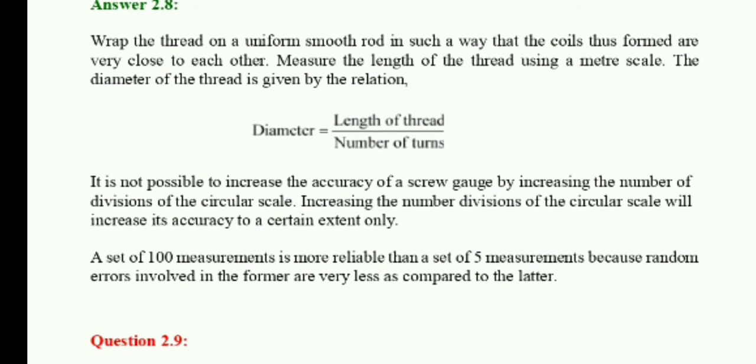This is the answer. Actually, the larger the number of readings, the closer is the arithmetic mean to the true value, and hence the smaller the random error. Hence, the result with the set of 100 measurements is more reliable than with a set of 5 measurements. I think you got my point.